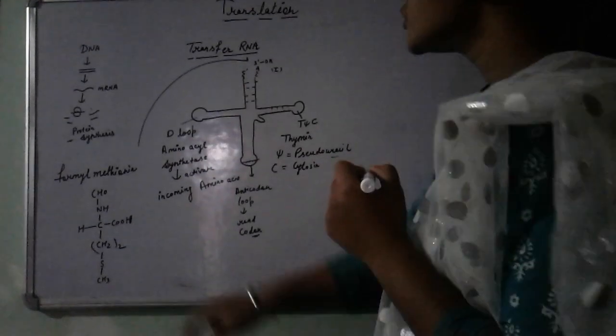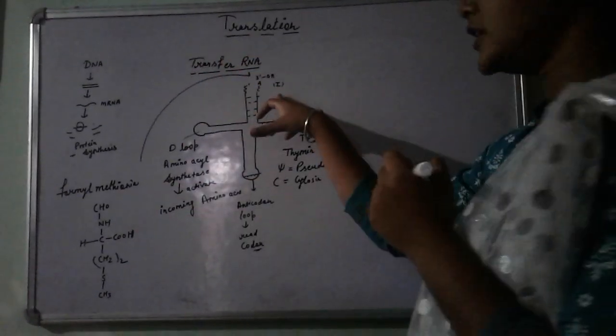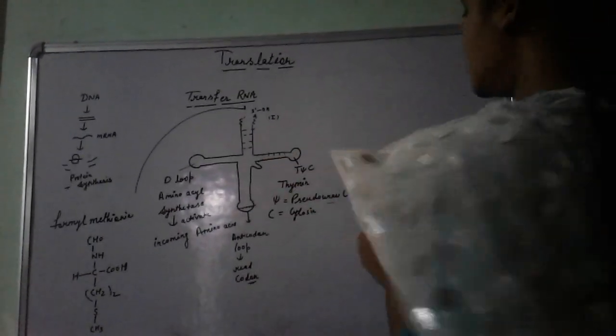So this is the structure of formyl methionine. This is the carboxylic acid of formyl methionine. So this carboxylic acid forms a bond with the 3' OH of adenine, right?